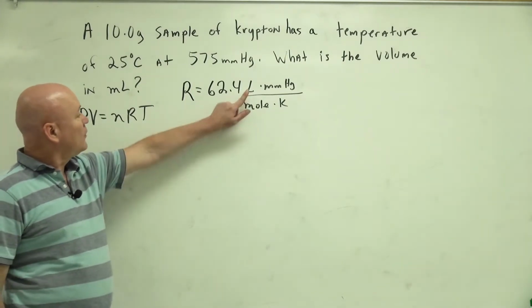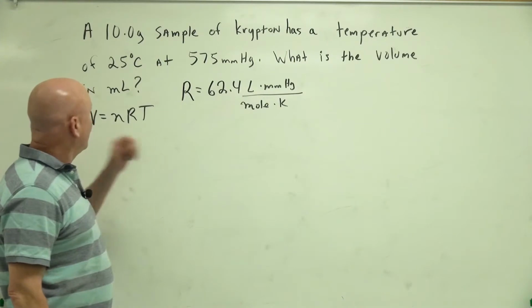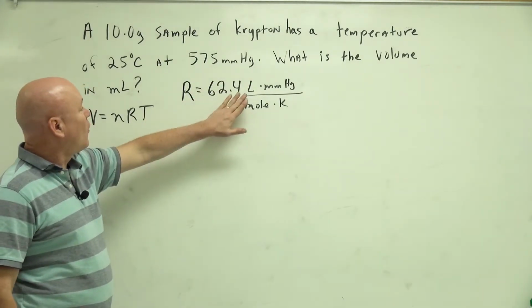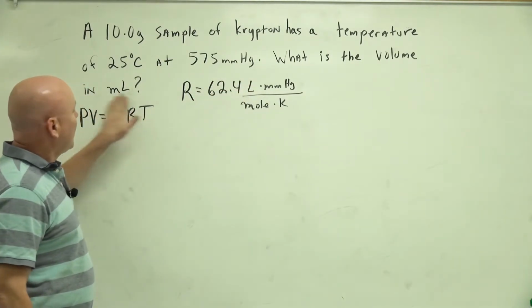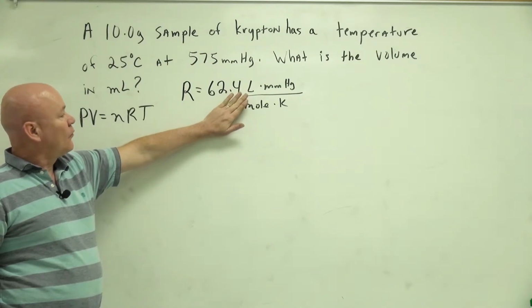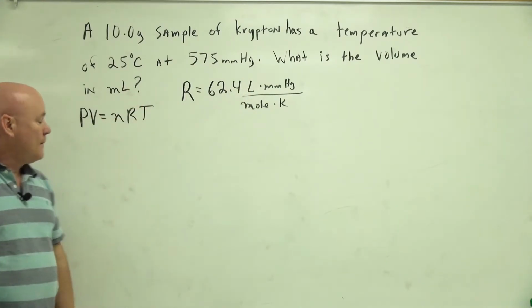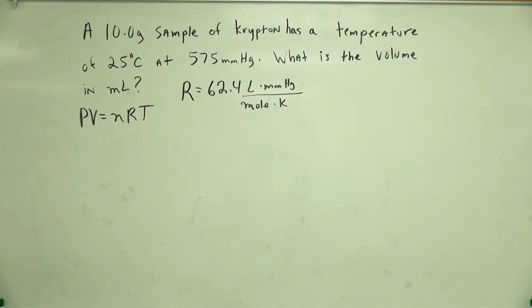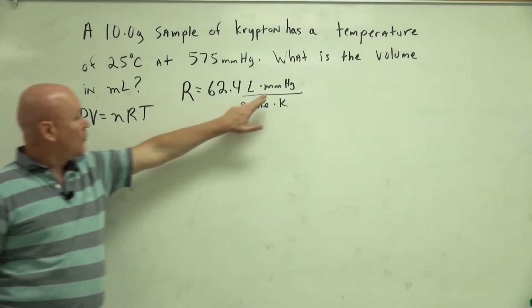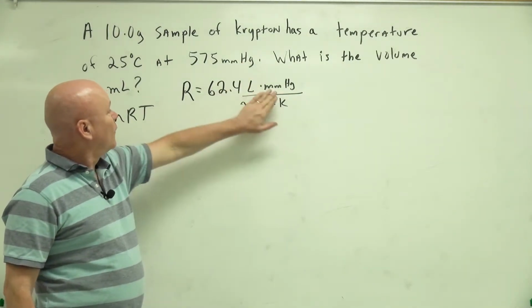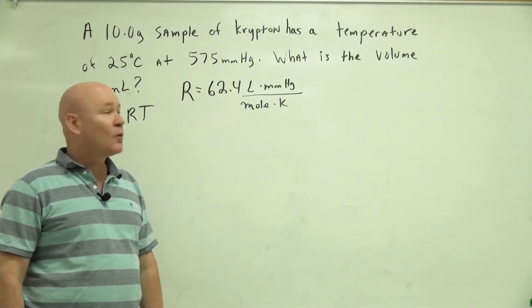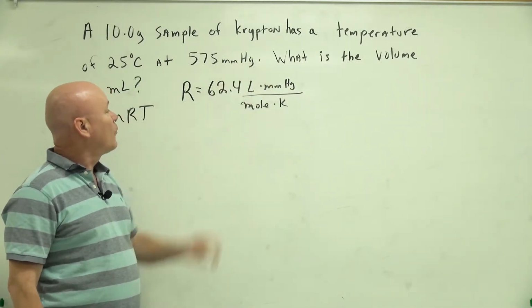And so we see liters, and I look for the volume, and it says, well, we're looking for the volume. We're going to have to take that liters we're going to get as a result and turn it into milliliters. Now we also look up here and we see millimeters mercury. If we picked our R out correctly, we would have the right pressure units.